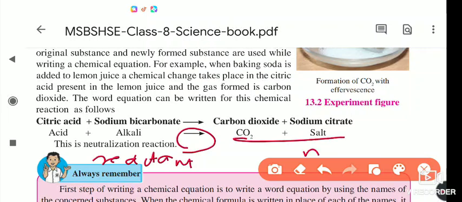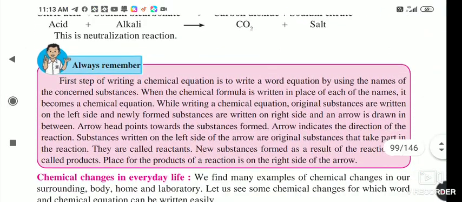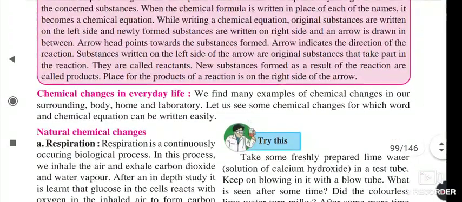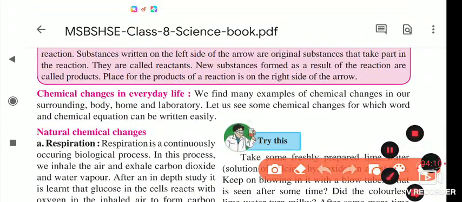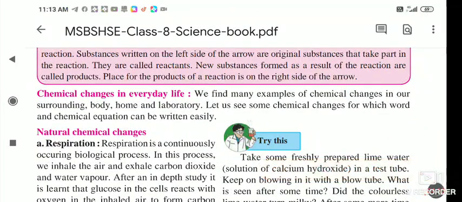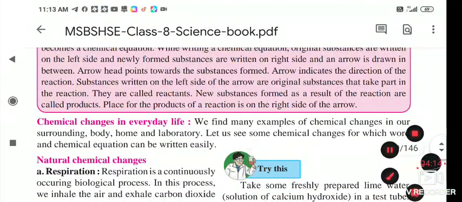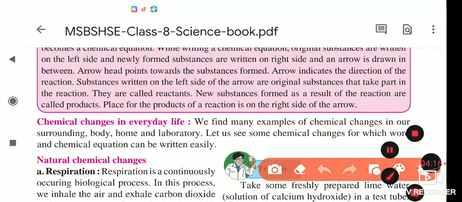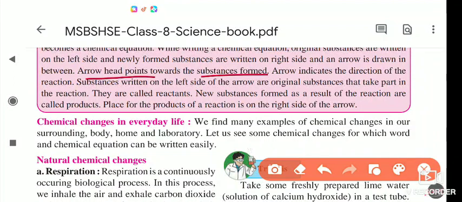And the newly formed substance, the product, is written towards the right side of the arrow. The arrow head points towards the substance formed, which is the product.